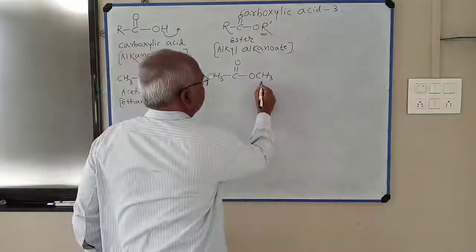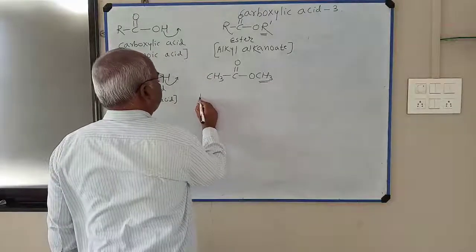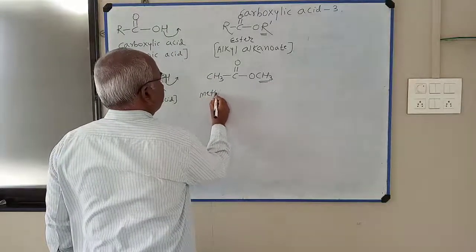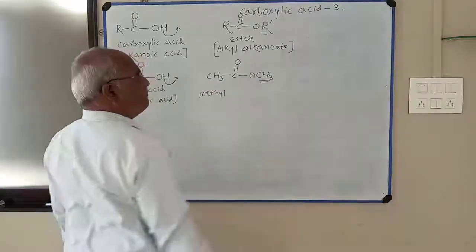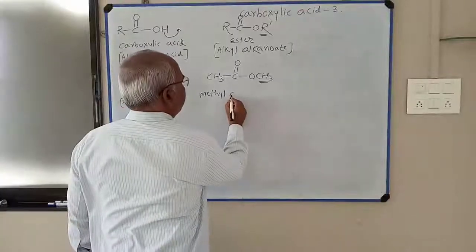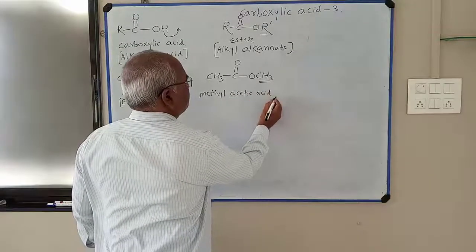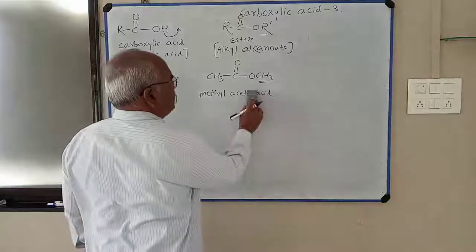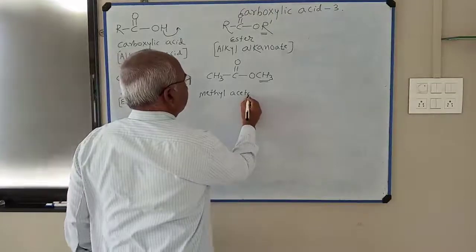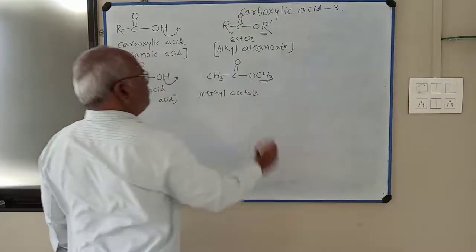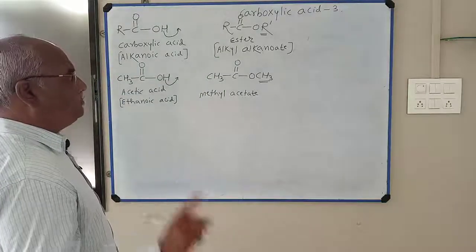First write the name of this alkyl group. So I write here methyl, and it is a derivative of acetic acid. So here write acetic acid. Remove ic acid from the name of the acid and replace it by ATE. Methyl acetate is the common name of this compound.